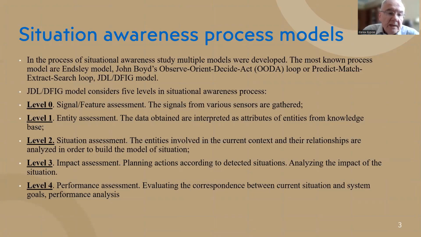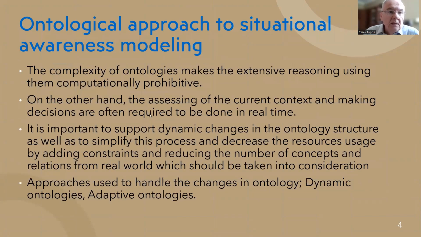In level 3, we make impact assessment. We make decisions, we project the results of those decisions as impacts of those decisions. And in level 4, we make the performance assessment of the whole situation awareness system.